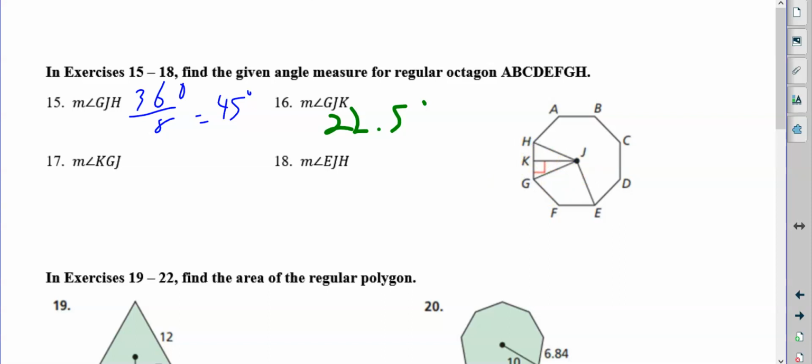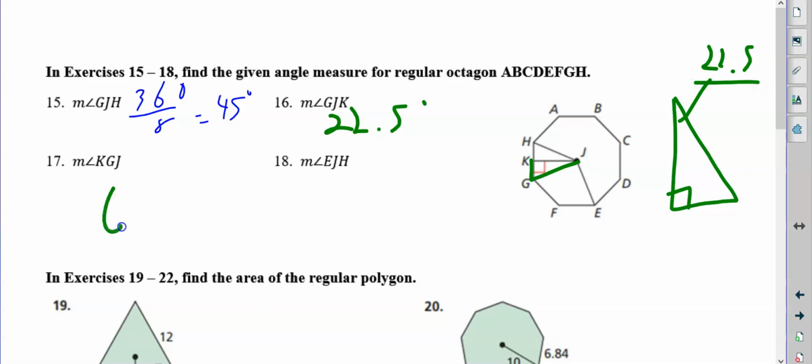KGJ, right there. Okay. Well, we just figured out, let's look at this triangle separately. We just figured out that that is 22.5. We know that's 90. So if we subtract this from the remaining 90, that gives us 67.5 degrees.